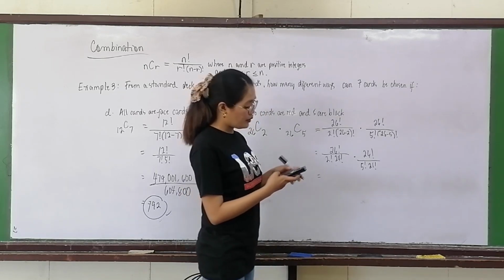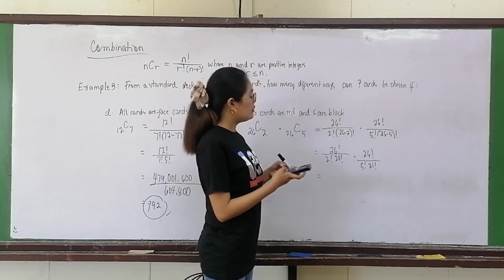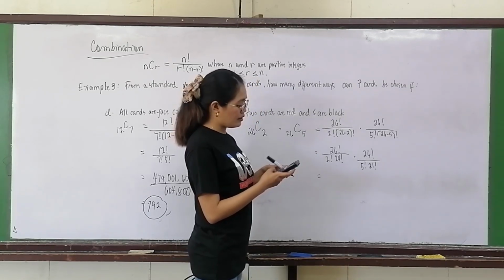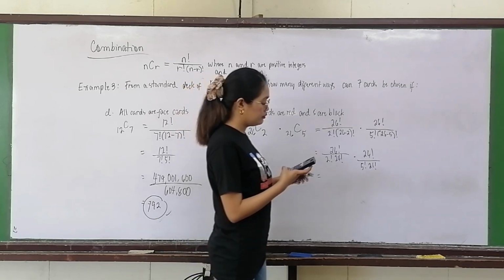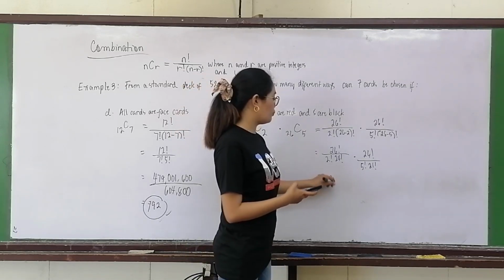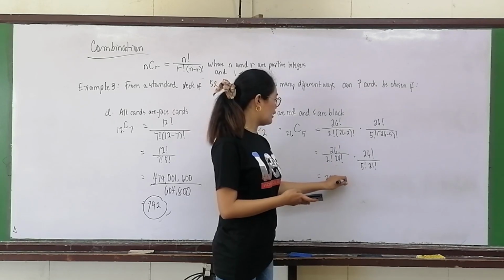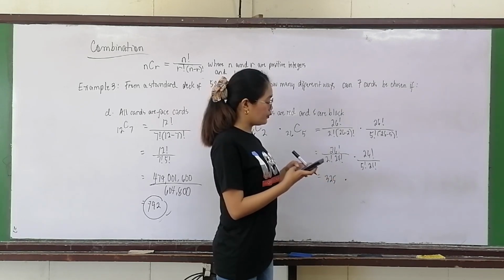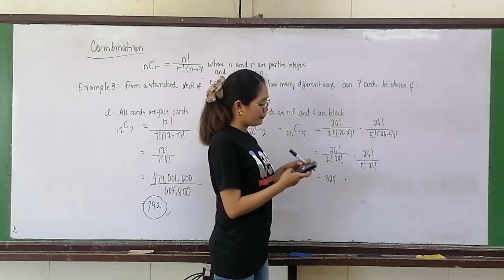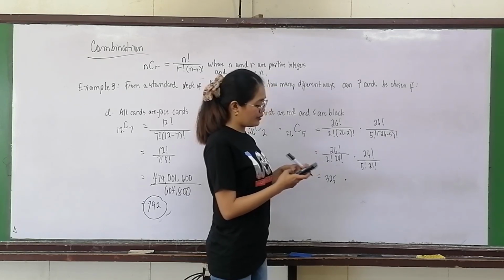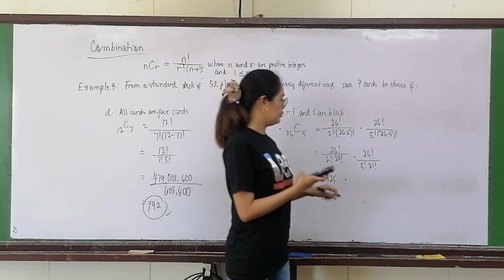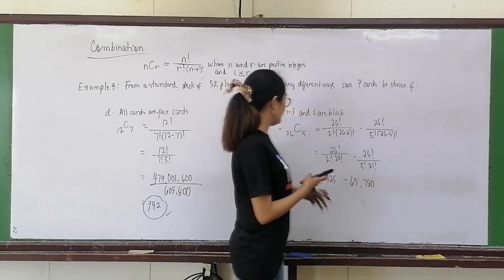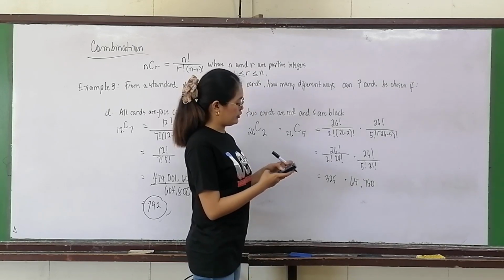You have 26 factorial divided by 2 factorial times 24 factorial. This gives us 325 times, again, 26 factorial divided by 5 factorial times 21 factorial, which is 65,780. So let's check.